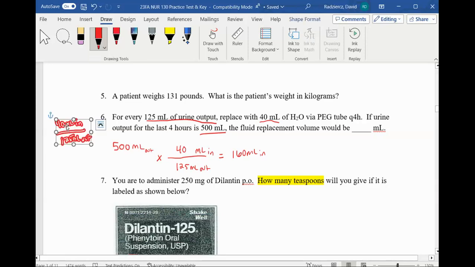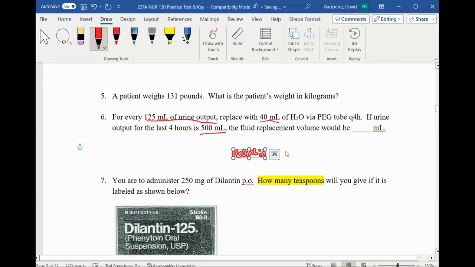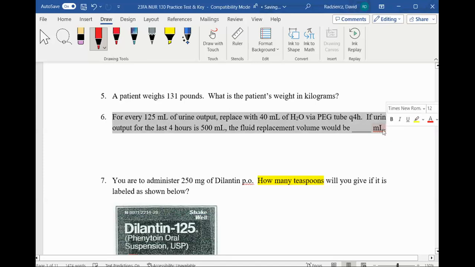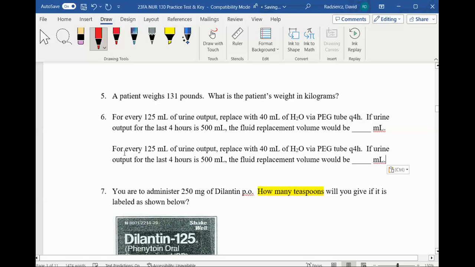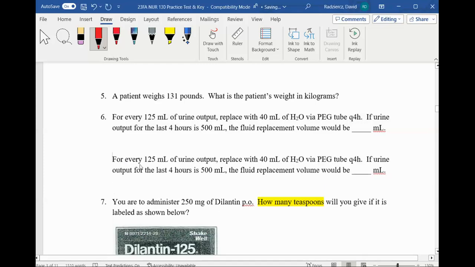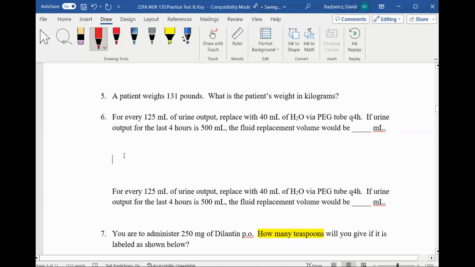This is what I do when I answer this type of question. I haven't done a separate sample question yet, so I'm going to do that now. I'm going to copy this, create a separate question here, and then change the variables. I'll come right back to that, so don't worry.